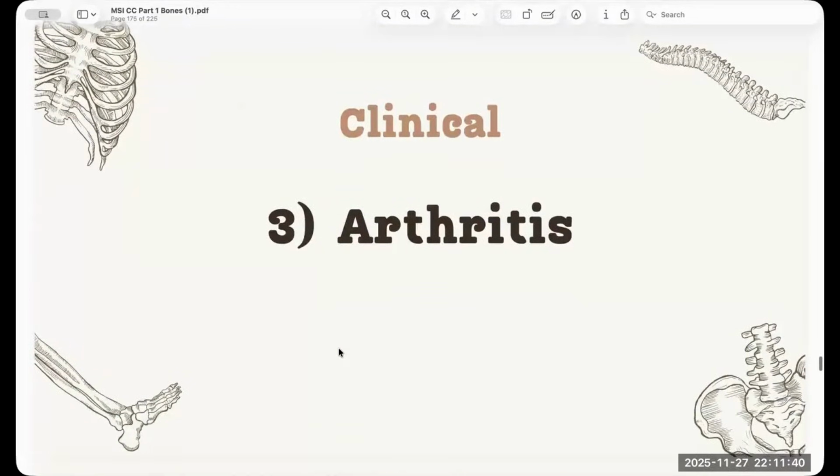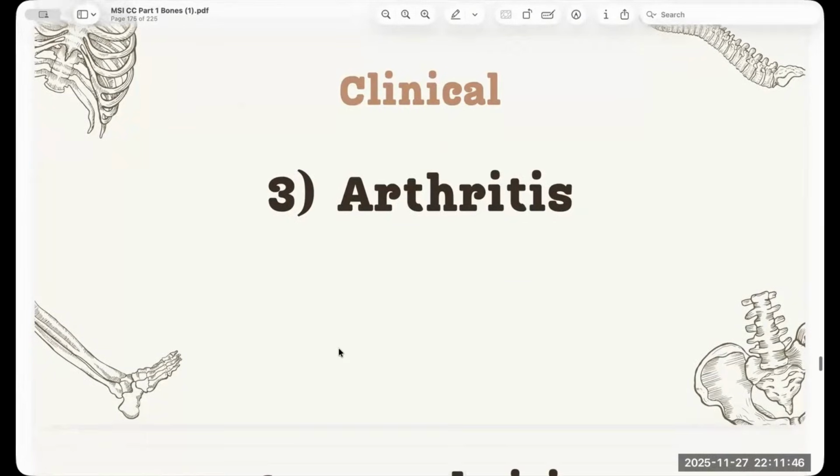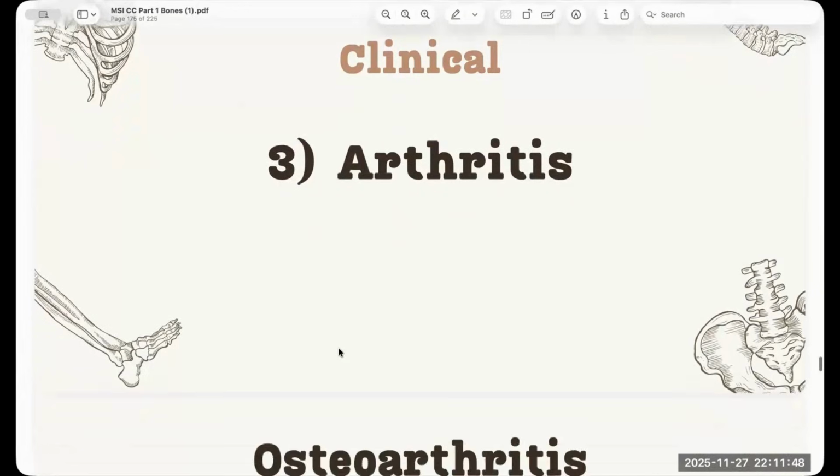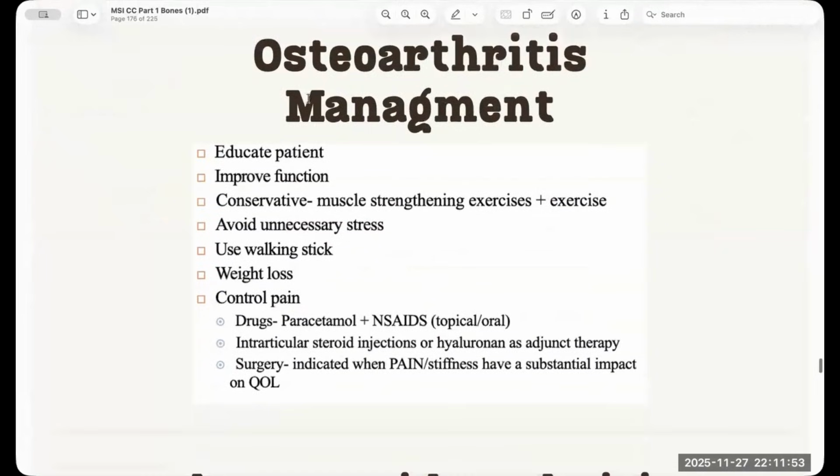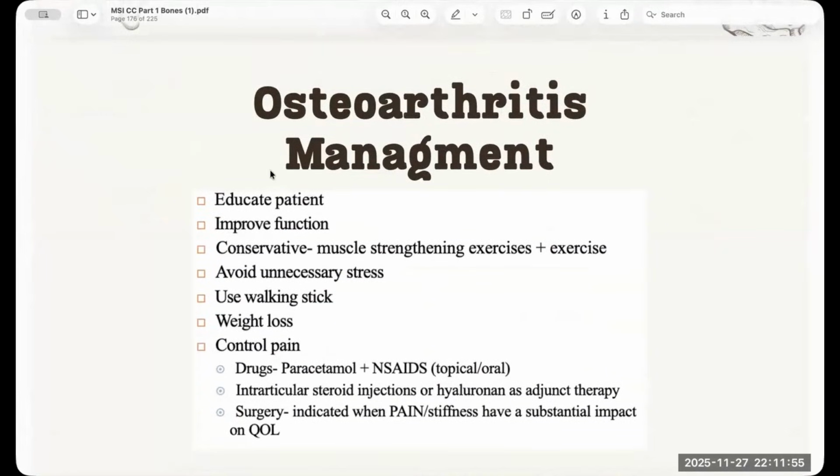Finally, we go to the last clinical lecture, which is arthritis. Now for arthritis, there's barely anything I've added because most of it we did cover in the pathology lectures, but just to mention the management here because we did not mention it there. We usually educate the patient on osteoarthritis to improve the function of the joint.